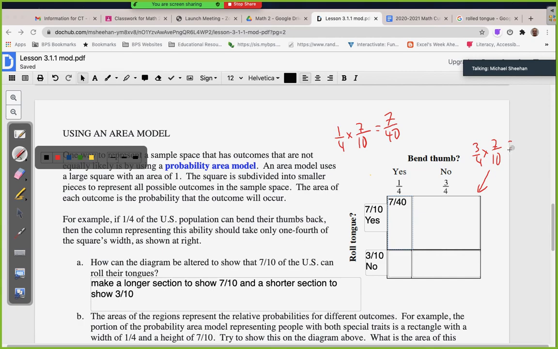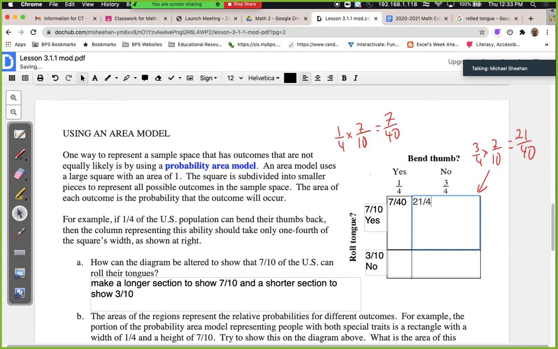Kayla, what's on top and what's on the bottom? 21 over 40. Beautiful. So 21 out of 40 people should be able to roll their tongue but not bend their thumb.